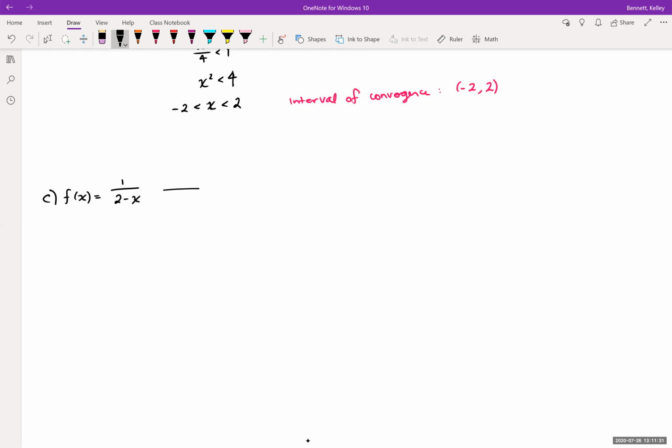So I need to get this in the form of a over 1 minus r. So the way that I do that is I know that 2 has to become, oh, there's 2 ways I could do this. Interesting. All right, well, you could do it in the way that we had above. I'm going to show you this other way that I think is kind of cool.